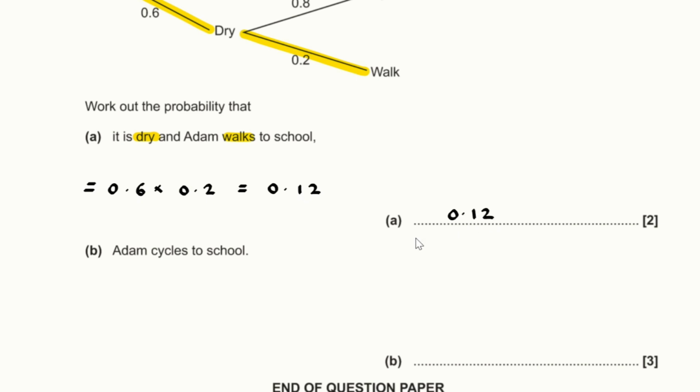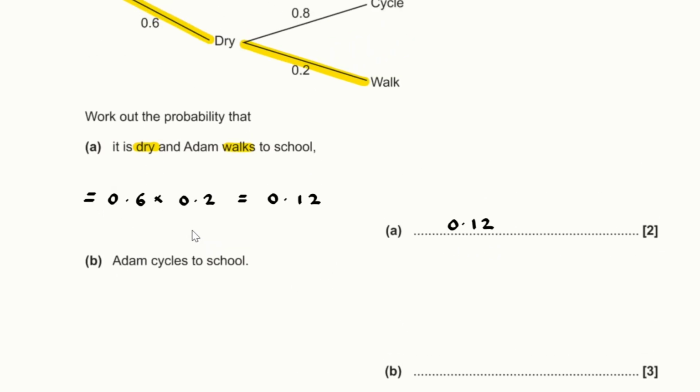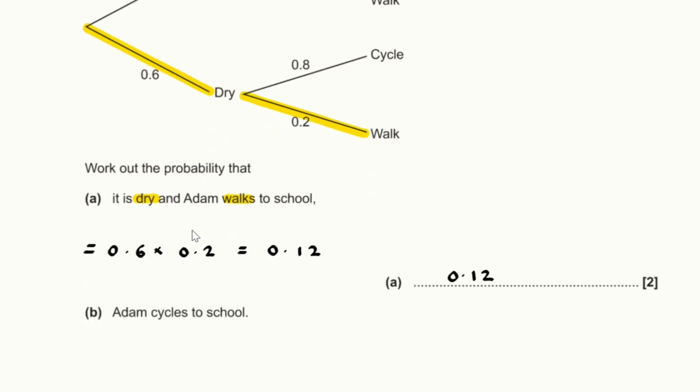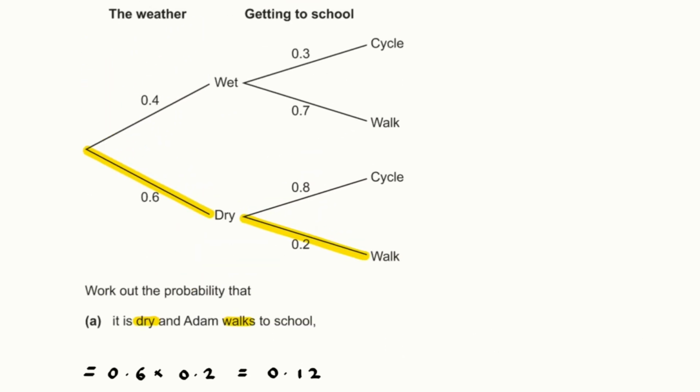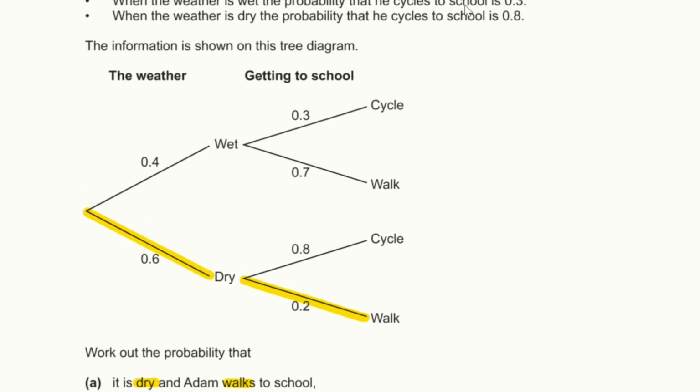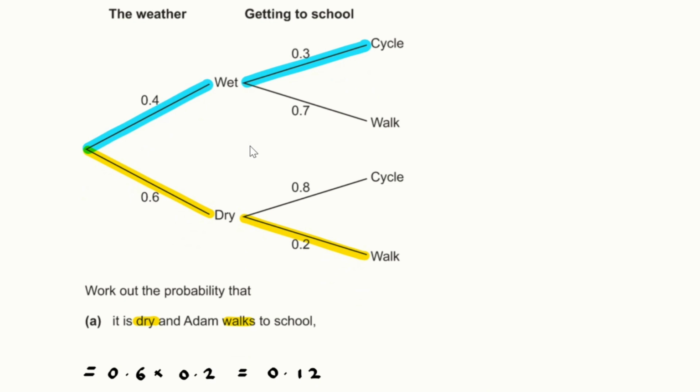And then, for the next part, the probability that Adam cycles to school. Well, for him to cycle, it could either be wet and then cycle, or it could be dry and then he could cycle.